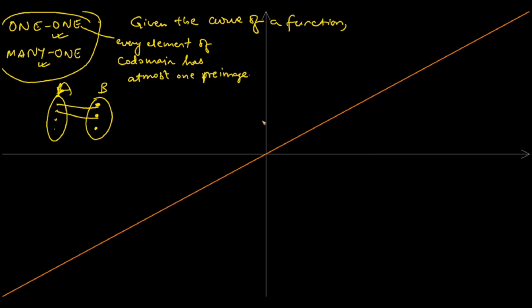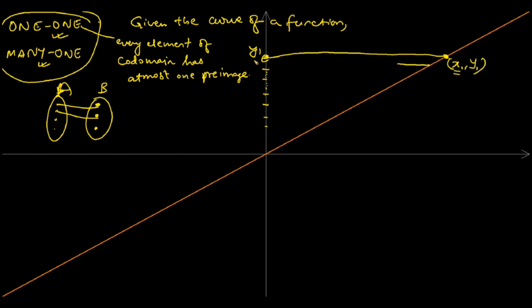Codomain is on your y-axis, so these are every point on your codomain. If for any element you draw a line parallel to the x-axis from that point, you get this point. What does this point mean? It means this is your pre-image. If this is your y1, then this is the point x1, y1, and x1 is the pre-image of y1.